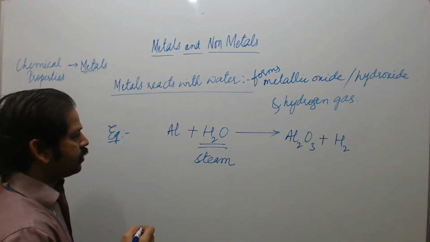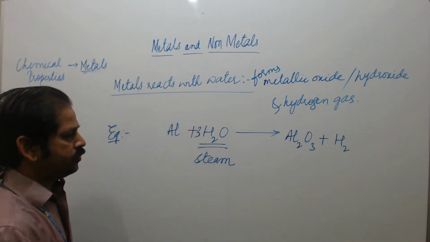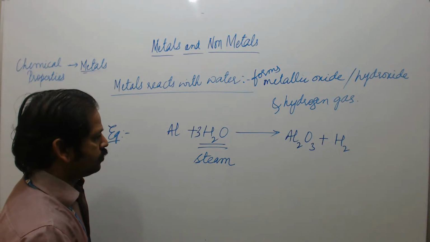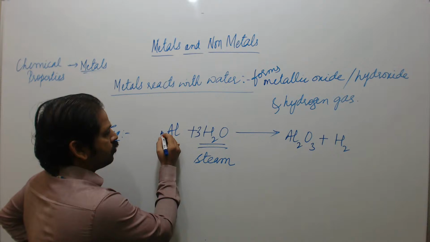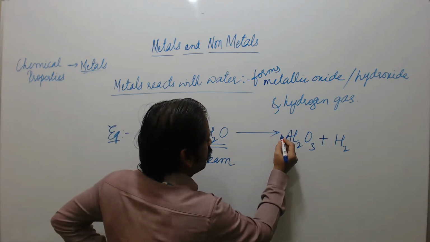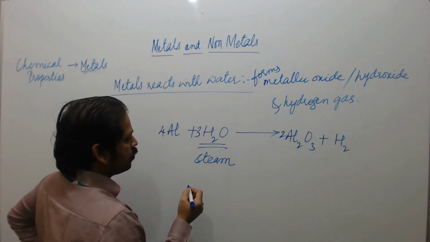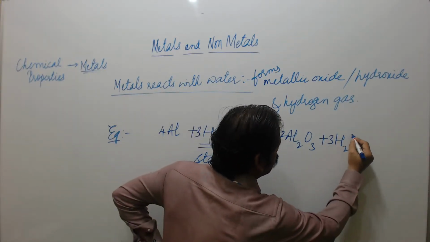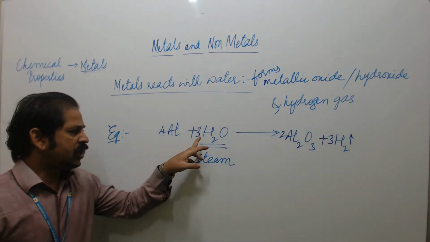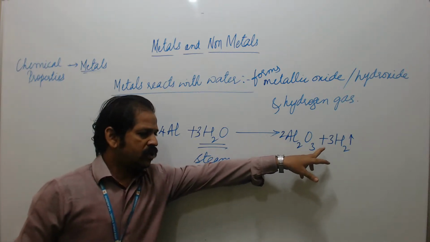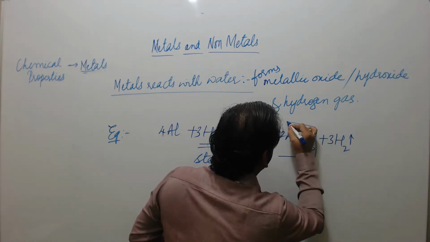The equation is 2Al plus 3H2O gives Al2O3 plus 3H2; balanced, it becomes 4Al plus 6H2O gives 2Al2O3 plus 6H2. Now we have got oxide.